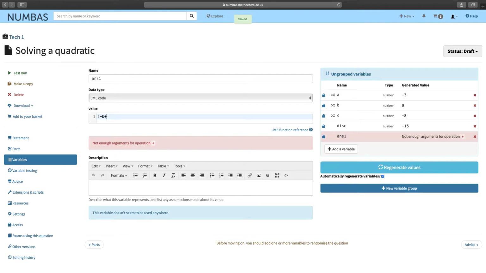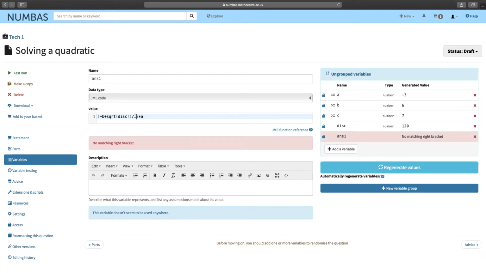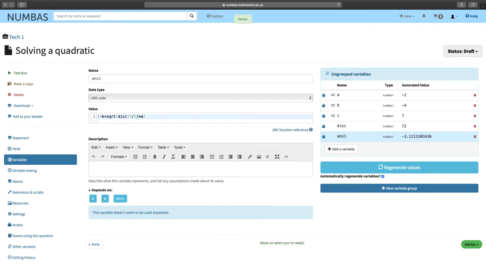In fact, sorry, plus the square root of our discriminant, divided by 2 times a. Again, I'll put 2 times a in brackets. Should be fine like it is, but just to be sure. And it's going to bounce around like that.